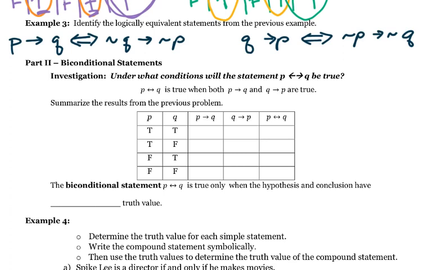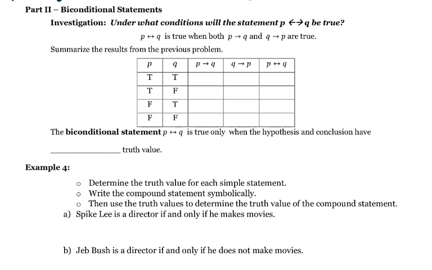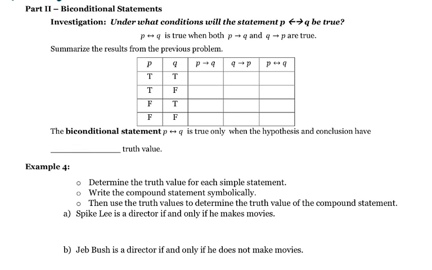All right, so now we're going to look at part 2, which is looking at our biconditional statements. So what we have to determine is under what conditions will the statement P if and only if Q be true. Here we have that P if and only if Q is true when both if P then Q is true and if Q then P is true. So we're going to summarize the results from the previous problem.